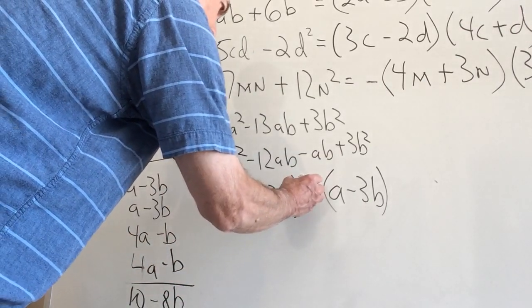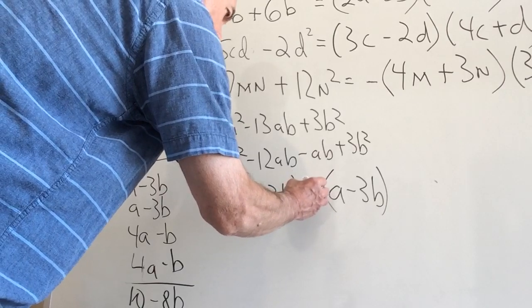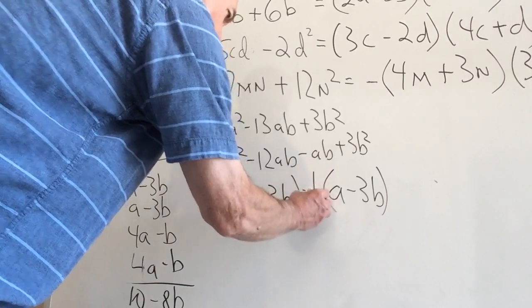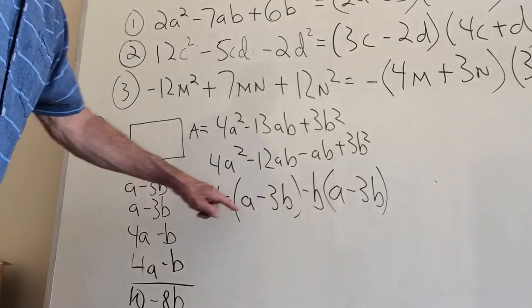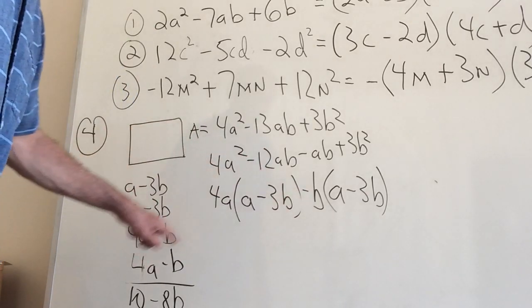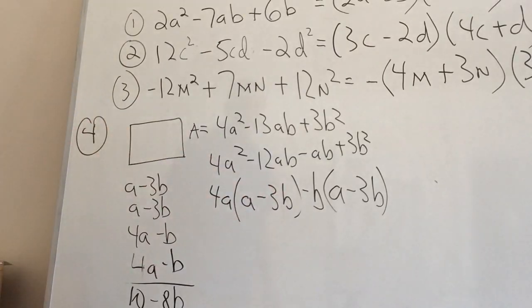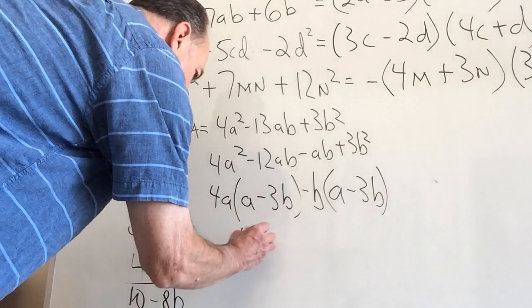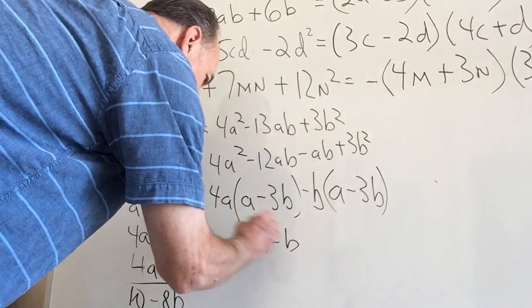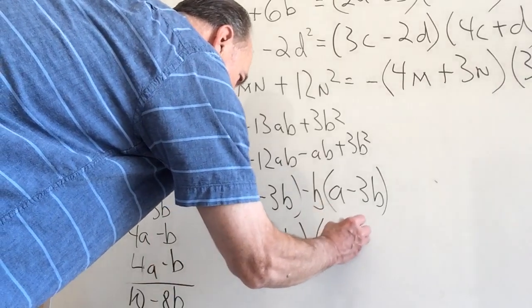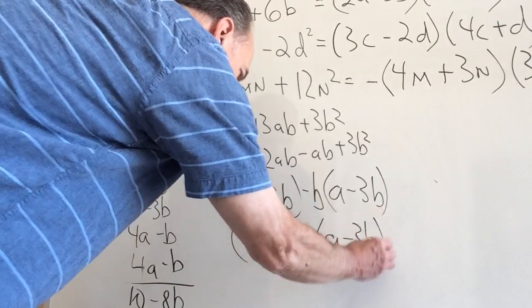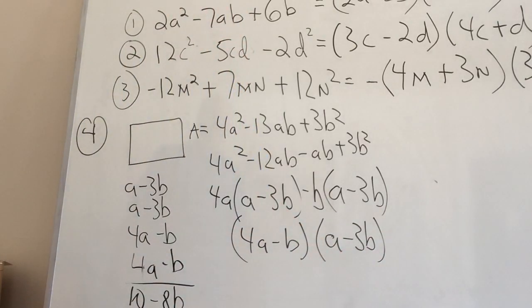Actually, the negative 3, the negative b to work. And there we go, we repeated it, okay? So there's 4a minus b, which you see over there, and a minus 3b. So I'll write that out in any order. And those are my dimensions, so to speak, given the constraints or the restrictions of the problem.